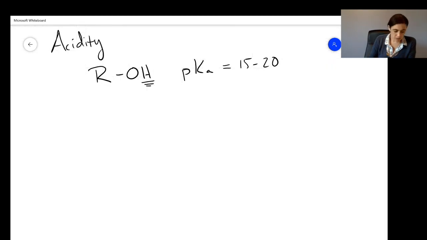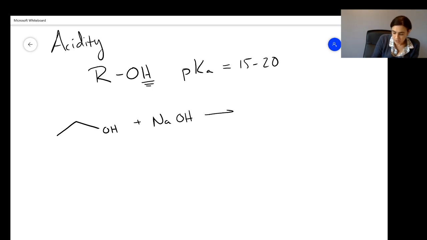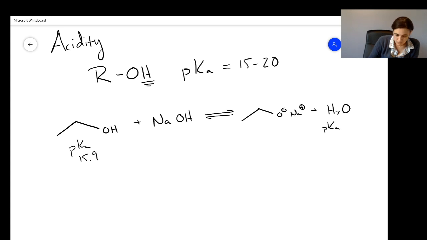What this means is that if we take something like ethanol and react with a hydroxide, something like sodium hydroxide, we compare the pKa's of these, we see this is 15.9 for ethanol, 15.7 for water.